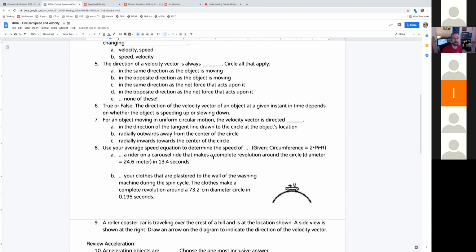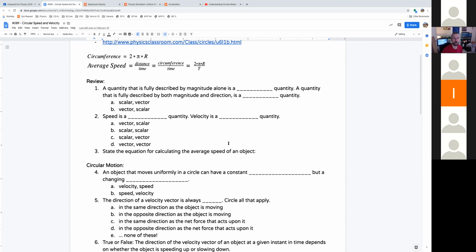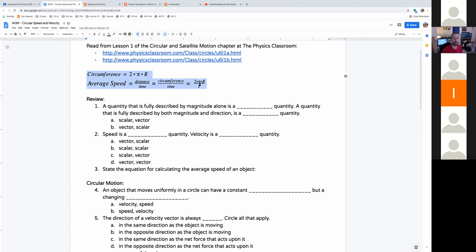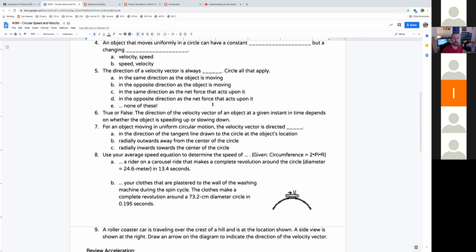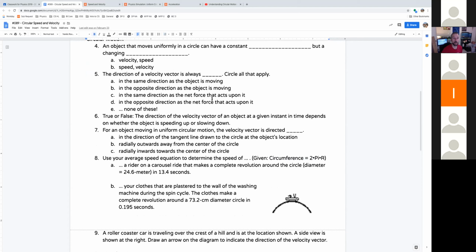And then if you get done with those early, try number 8. You've got a formula here to help you. I also give those formulas up here. All right, so work on numbers 4 through 7. If you get done before my timer goes off, then start on number 8. Questions?